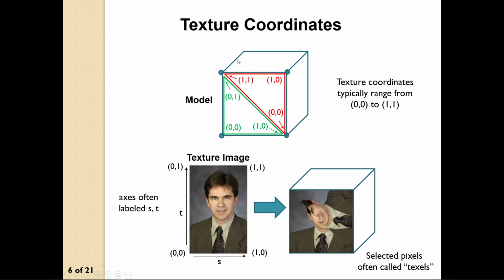So now let's talk about where U and V come from, or the texture coordinates, our UV coordinates. So imagine we have a model, which is a cube here, and we have a set of vertices for some triangles on the model. And at each vertex, normally this might be 0, 0, 1, 0, 0, 1 in terms of the actual model space.